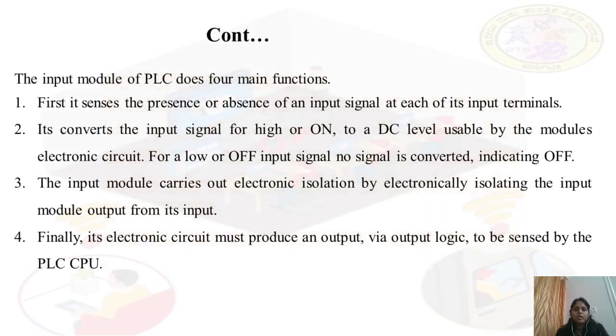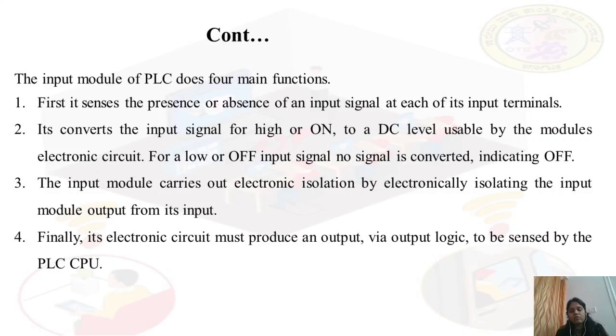The input module of a PLC does 4 functions. First, it senses the presence or absence of an input signal at each of its input terminals. Second, it converts the input signal for high or on to a DC level usable by the module's electronic circuit. For a low or off input signal, no signal is converted, indicating off.